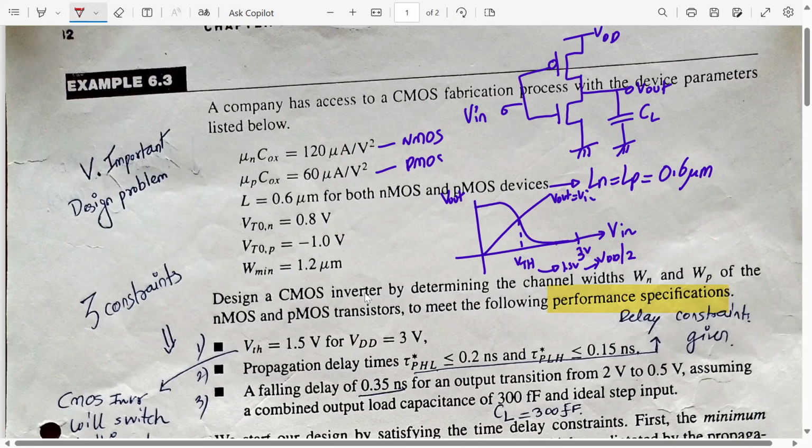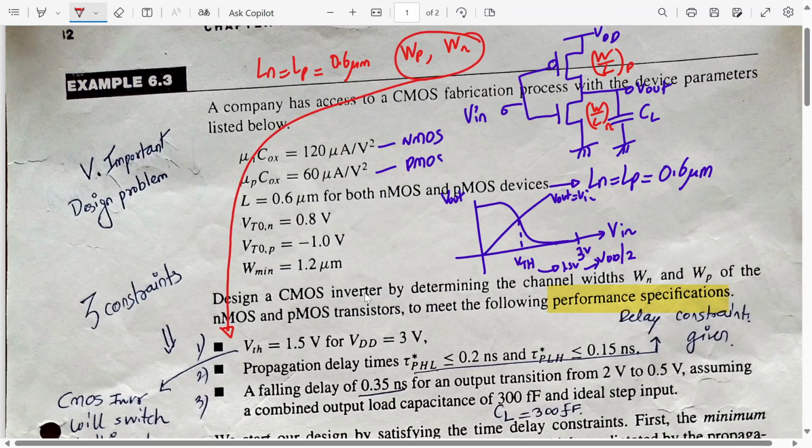Designing a CMOS inverter means we have to find W by L of P and W by L of N. Here Ln and Lp are already given, which is around 0.6 micrometer. So we need to find Wp and Wn such that it satisfies all these three requirements: constraint number 1, constraint number 2, and constraint number 3. Understood? So designing means we have to find the values of the widths of the PMOS and NMOS.